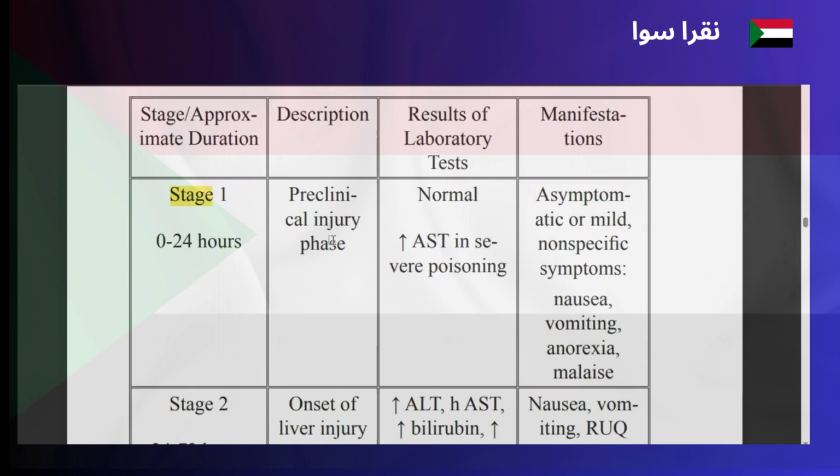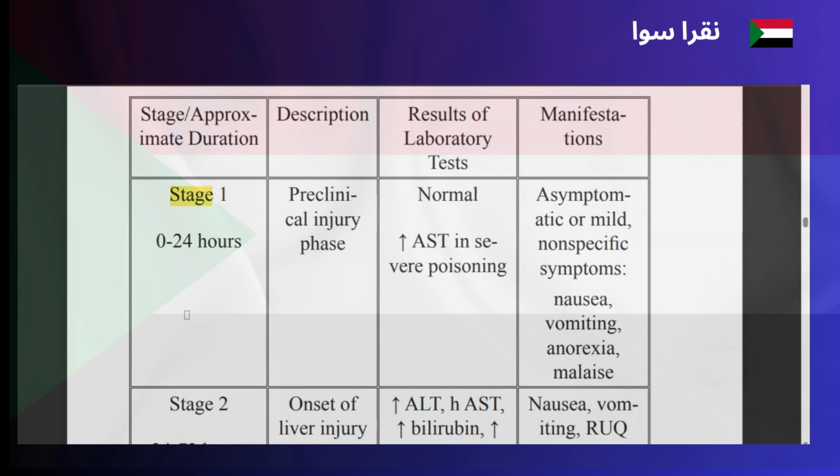Description: preclinical injury phase. Labs: normal or increased AST in severe poisoning. Manifestation: asymptomatic or mild non-specific symptoms such as nausea, vomiting, anorexia, and malaise.